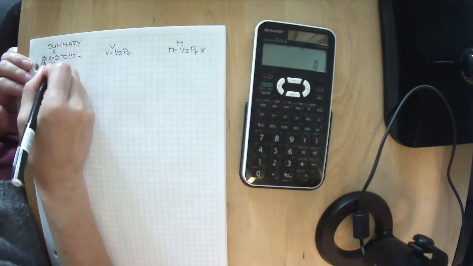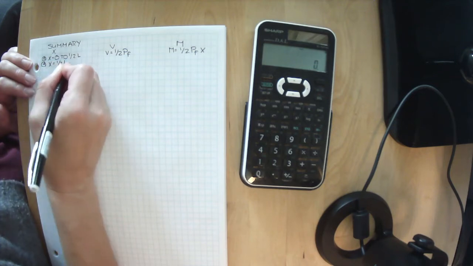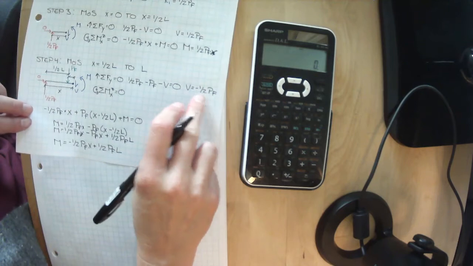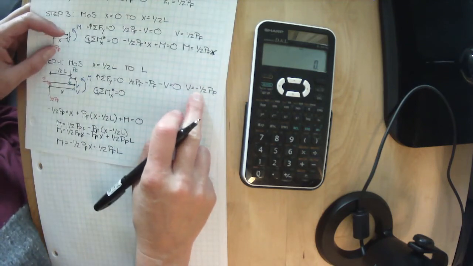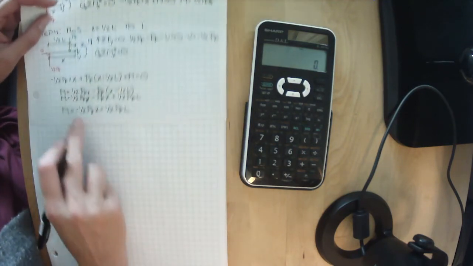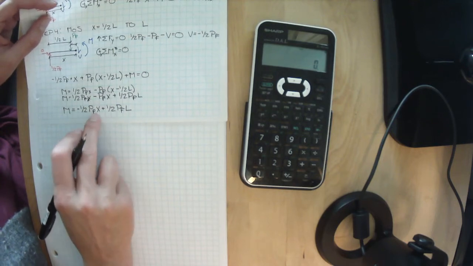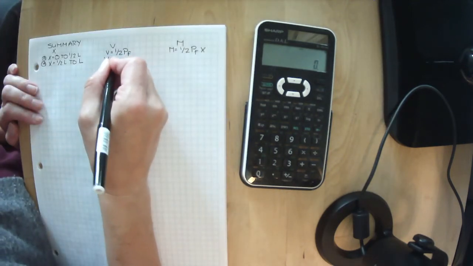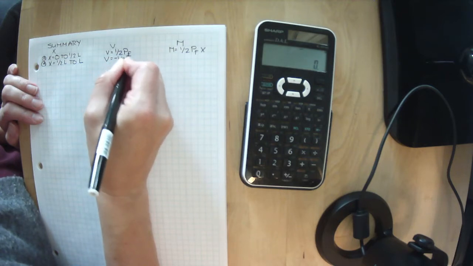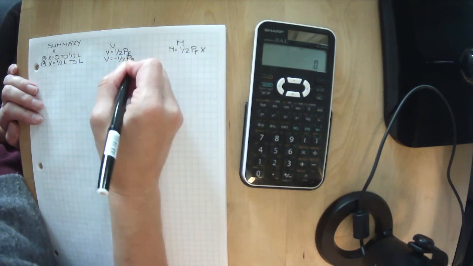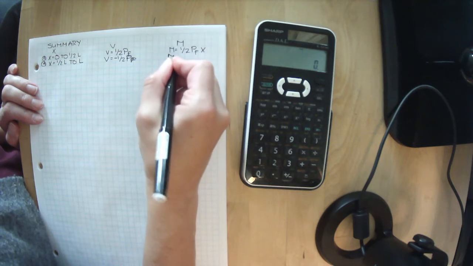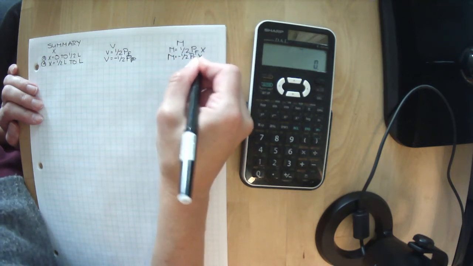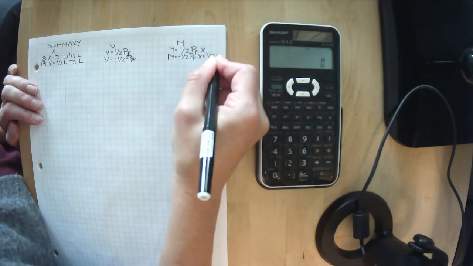At x equals 1/2 L to L, we have our equations here that we found. V equals minus 1/2 PF, and M equals minus 1/2 PFX plus 1/2 PFL.